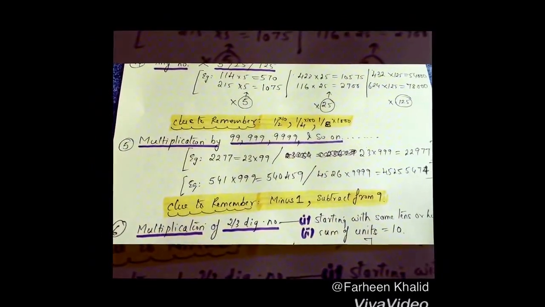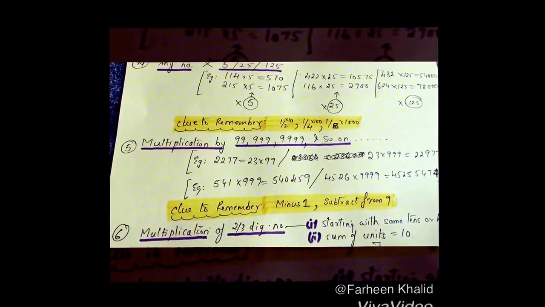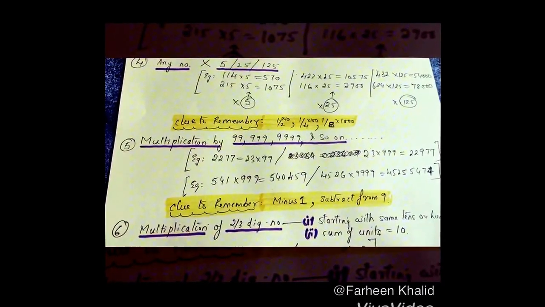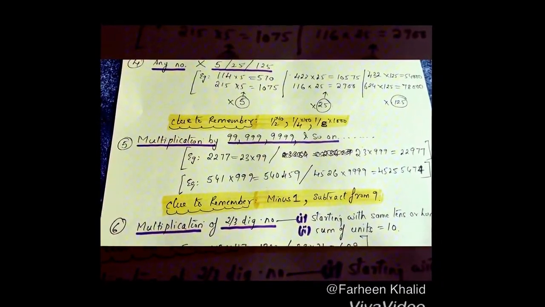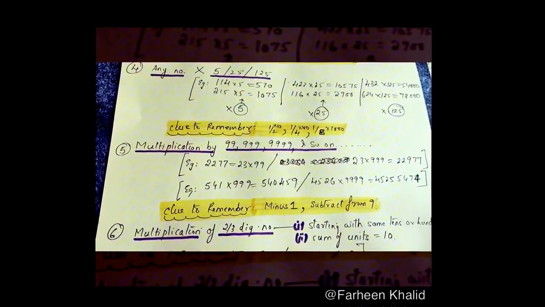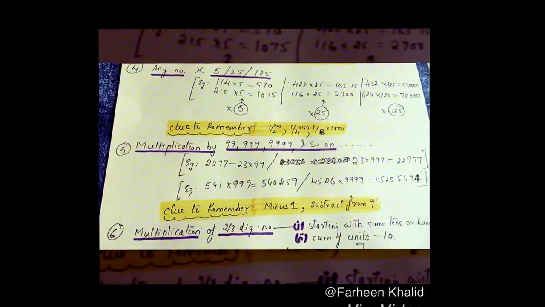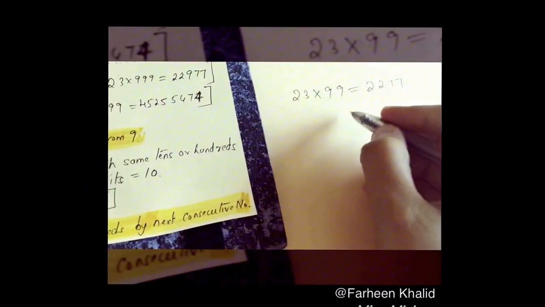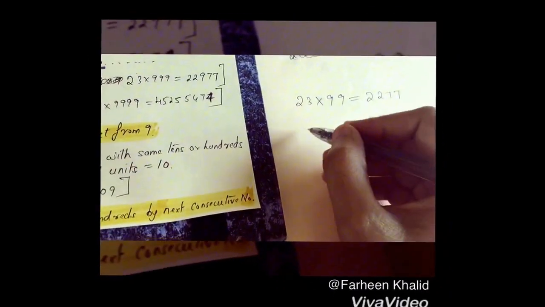Okay, now let's go to the next one, which is multiplication by 99, 999, 9,999, and so on. So let's take the first example, which is 23 times 99, which is 2277. All right, so let's see how we can do this.